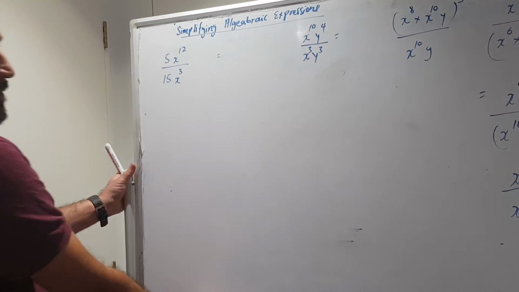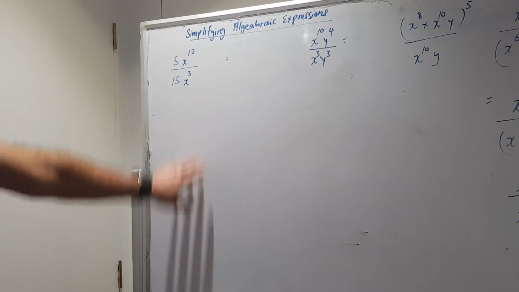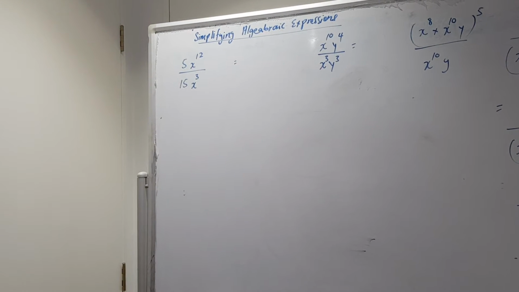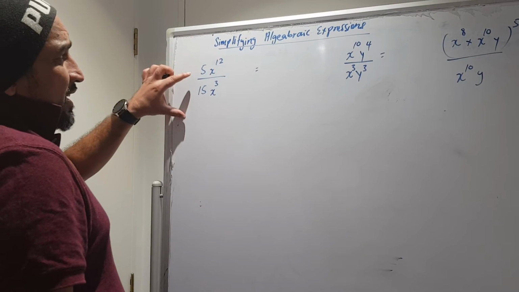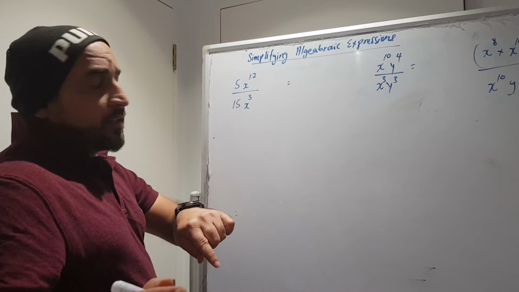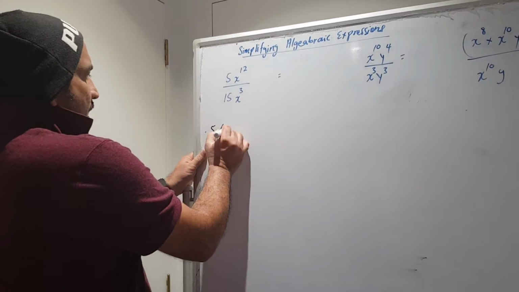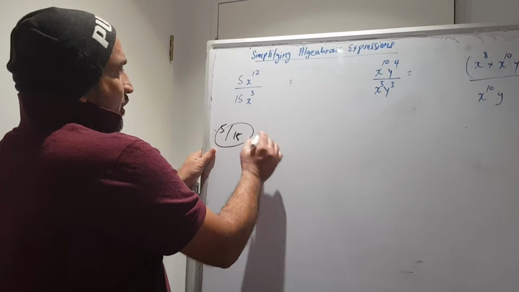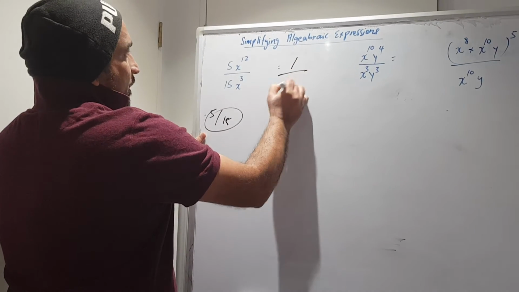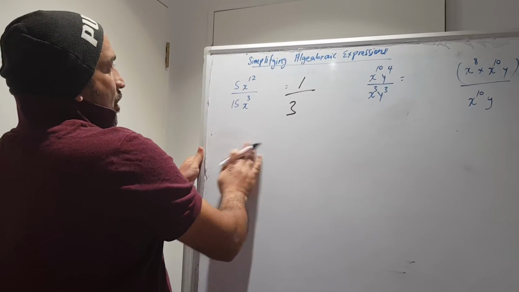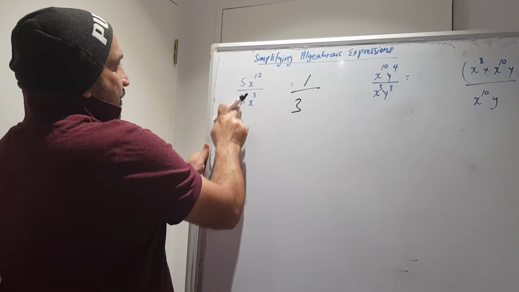So just touching base on this one here, if I have to simplify algebraic expressions, 5x over 15, you could just put 5 over 15 in your calculator. You will see 1/3 anyway. Or you can say 5 and 15, they look similar.